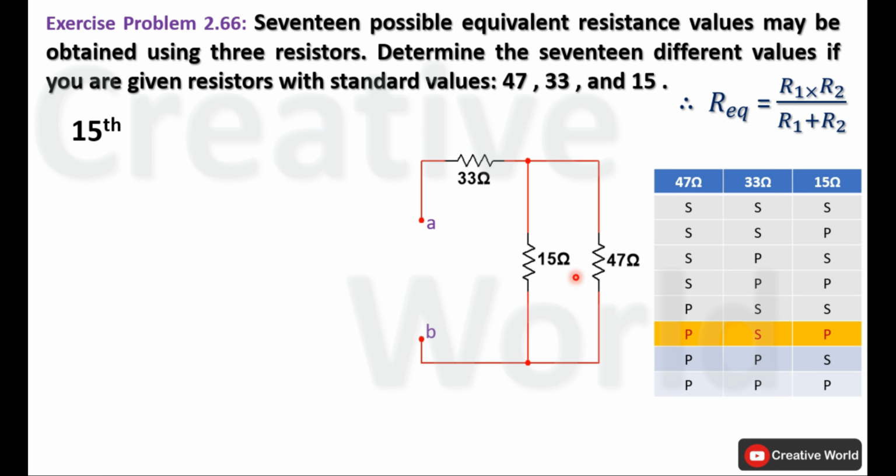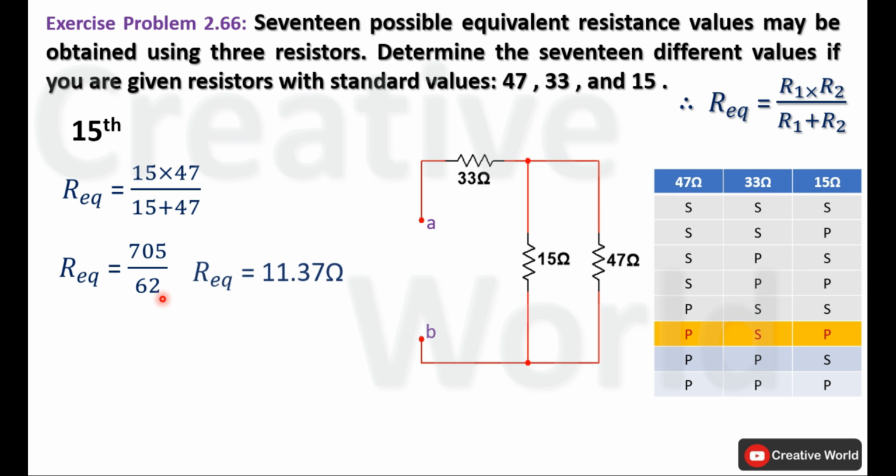In this equation, R1 will be 15 ohm and R2 will be 47 ohm. Product of 15 and 47 will become 705, divided by the sum of 15 and 47 will become 62. Divide 705 by 62. The value of R equivalent of these two resistances will be 11.37 ohm.